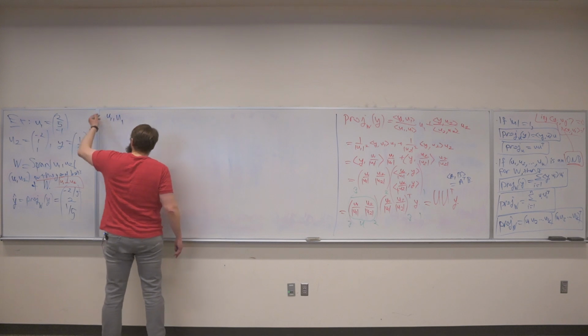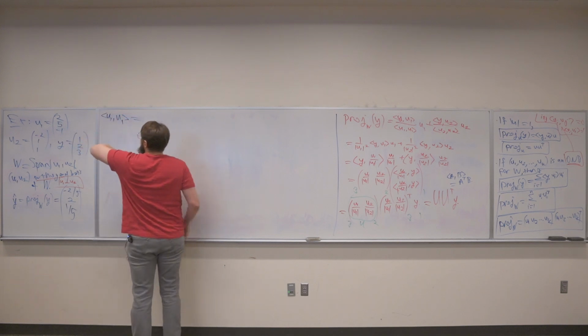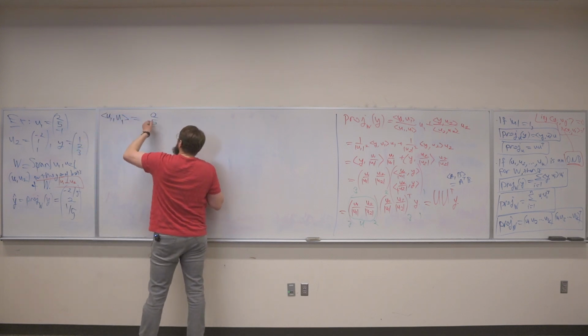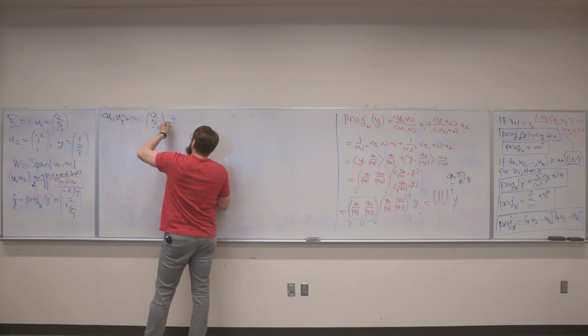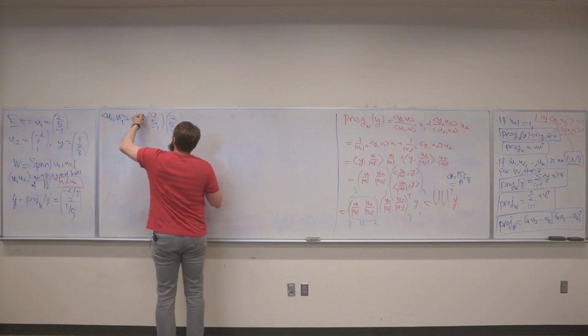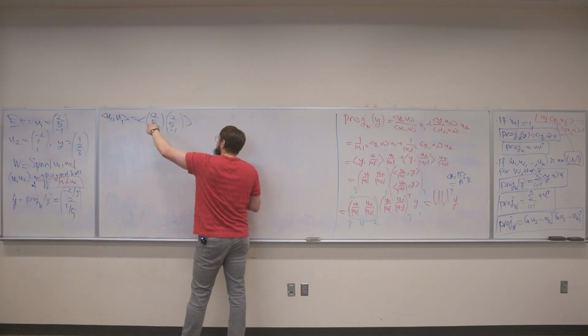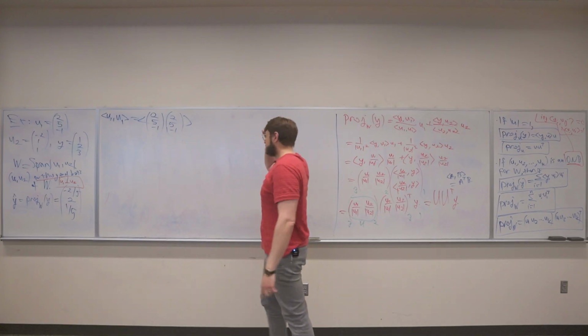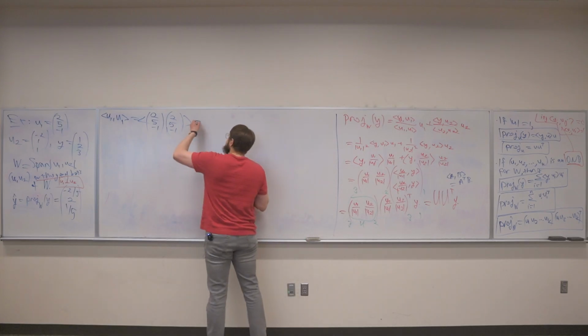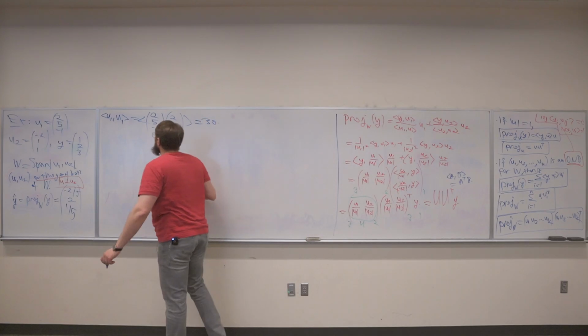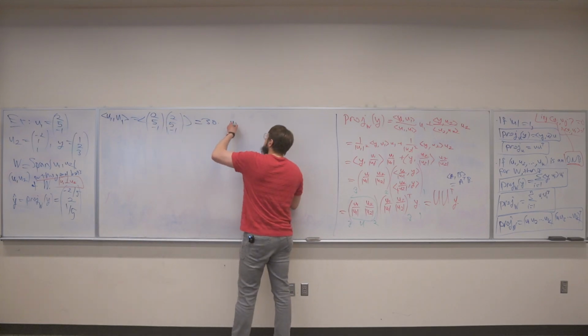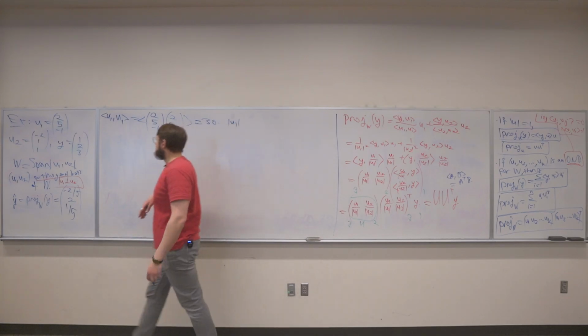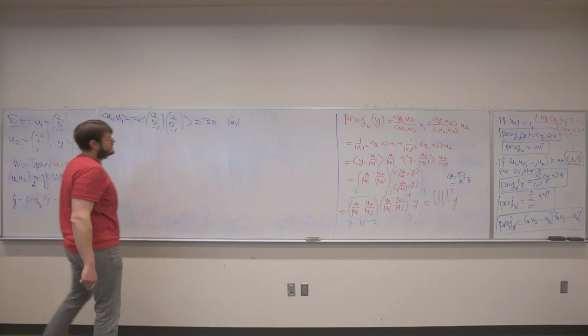We had done this calculation before, but let's do it again. So U1 against U1 is (2, 5, -1) against (2, 5, -1): 4, 25 is 29, plus 1 is 30. U1 norm, therefore, is the square root of this, root 30.